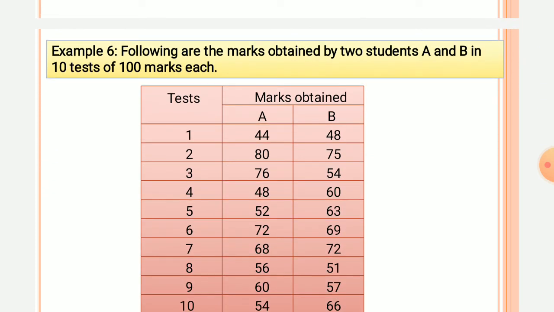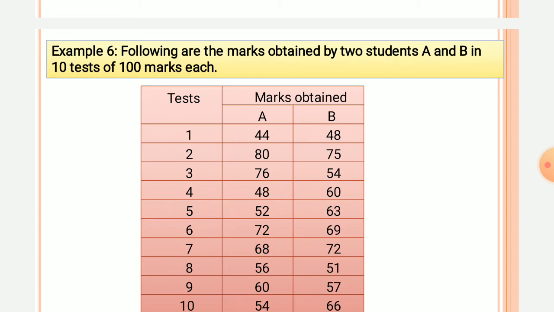Following are the marks obtained by two students A and B in 10 tests of 100 marks each. So here in the first column tests are given, and marks obtained by students A and B are given.